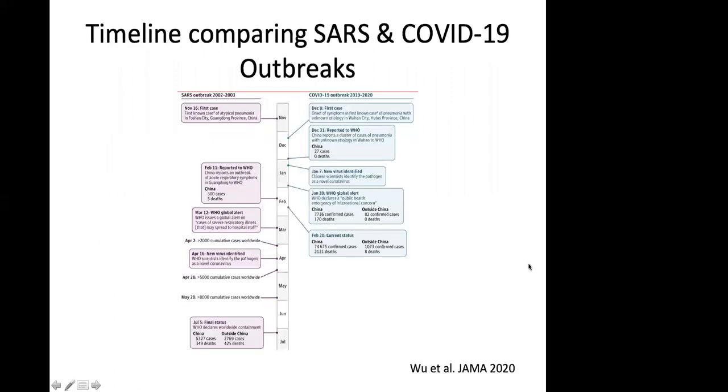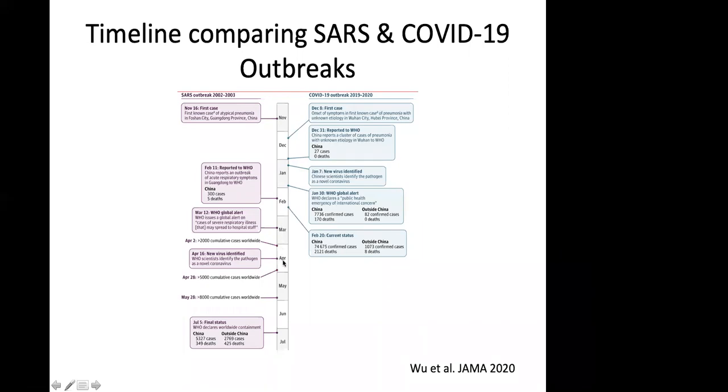Just looking at the timeline between the SARS outbreak in 2003 and the COVID outbreak in 2019, 2020, it is very interesting to see the differences in the response worldwide. The first case of SARS-CoV was identified in China in November, and then it was first reported to WHO in February, and the global alert was issued in March.